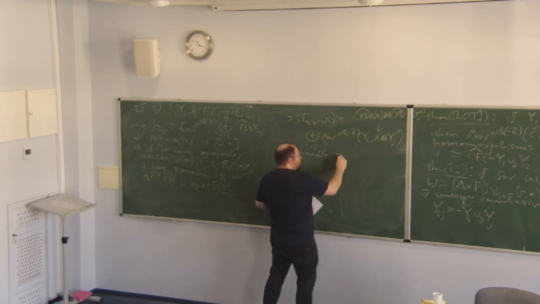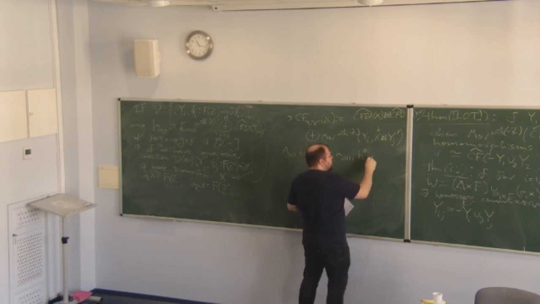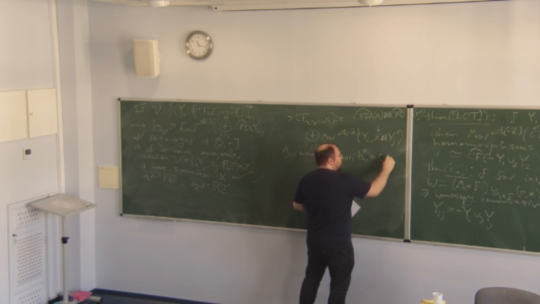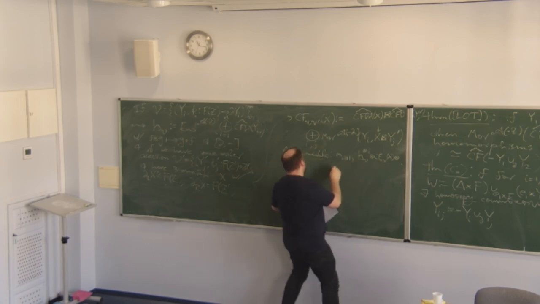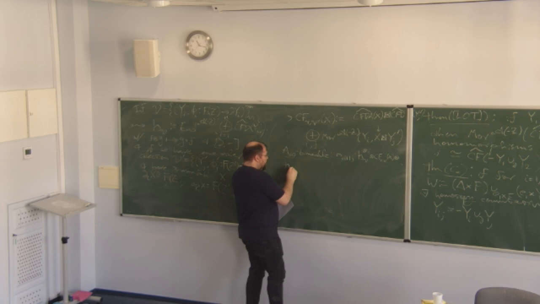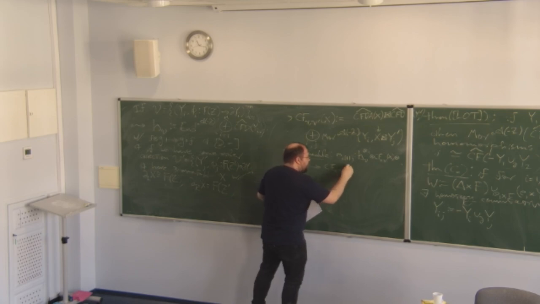which are maps m i1j from h nu to the ith tensor power tensored with CF nu prime of x tensor, I'm running out of room, h nu prime to the jth tensor power to CF nu prime of x.